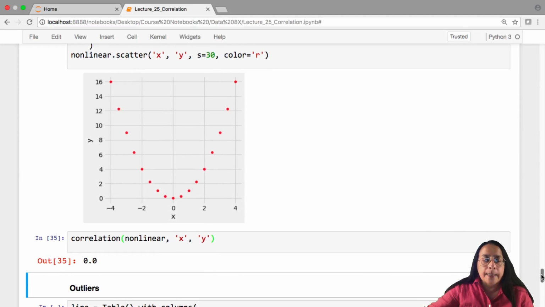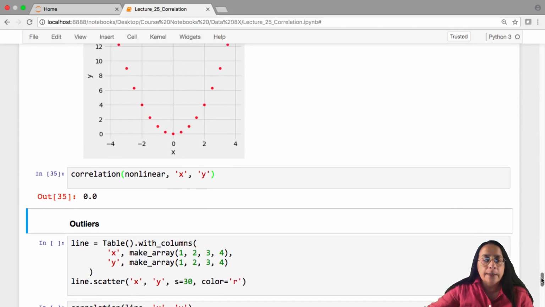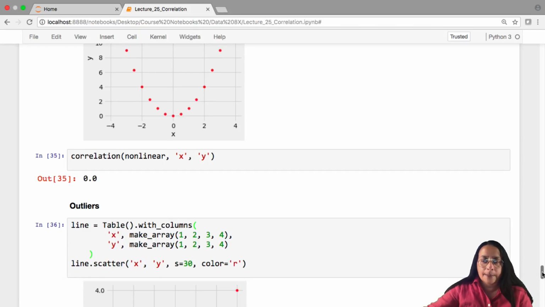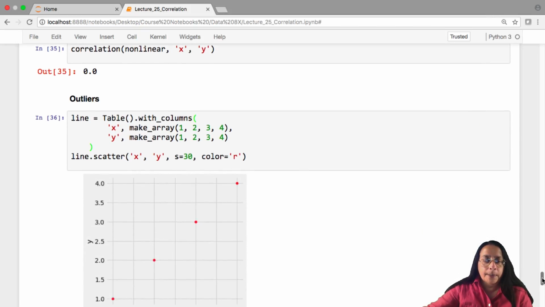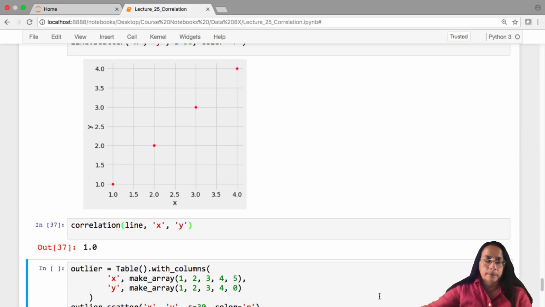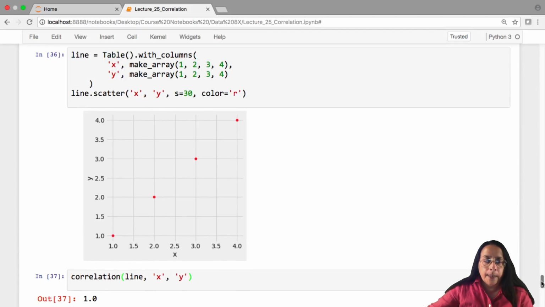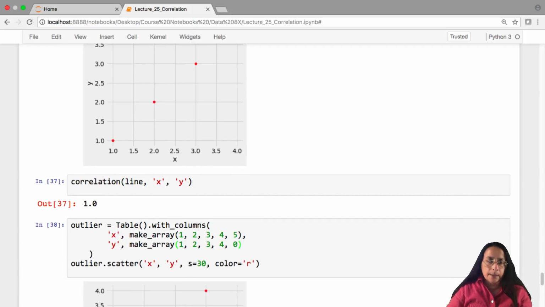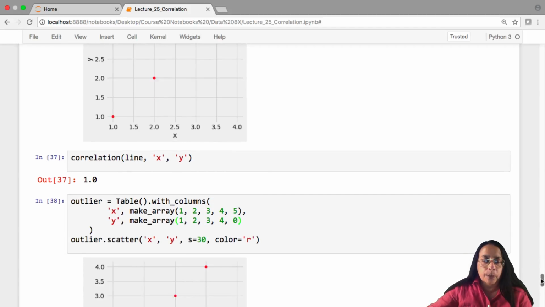Outliers also can have serious effects. Here is a scatter diagram that shows a correlation of +1. And here are those same points, but with an additional one.